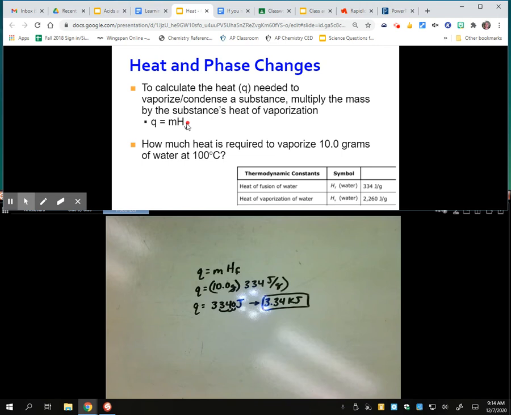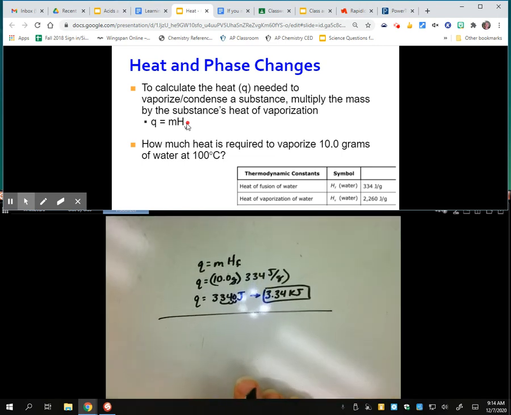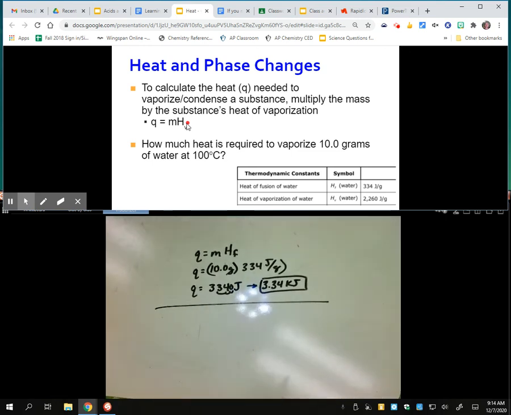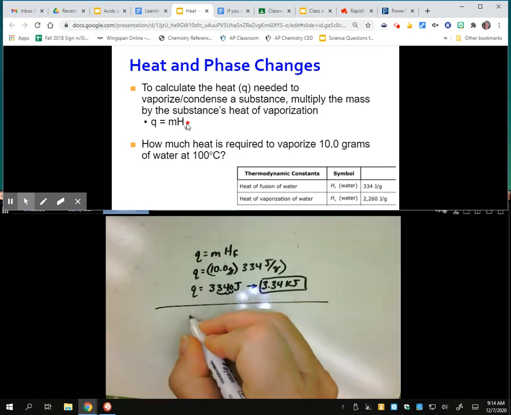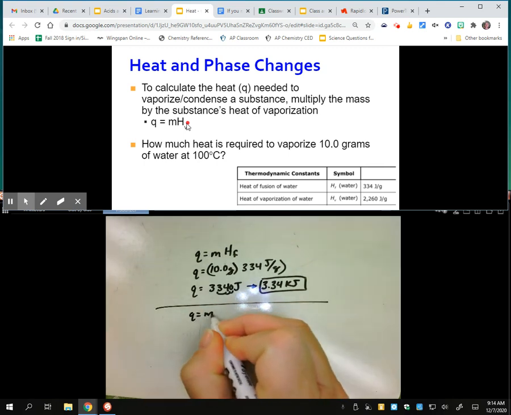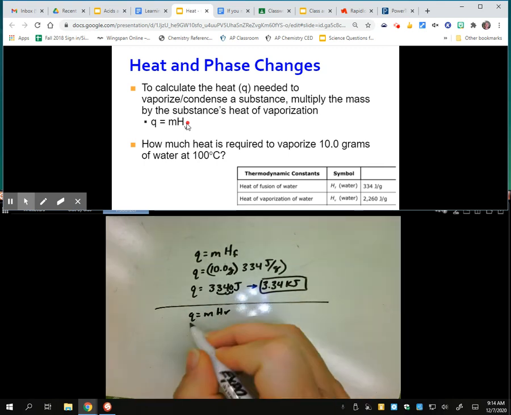So if I have this problem, how much heat is required to vaporize 10 grams of water at 100 degrees C? Again, this equation is only valid at a substance's boiling point, and for water, the boiling point is 100 degrees C. So Q equals MHV.